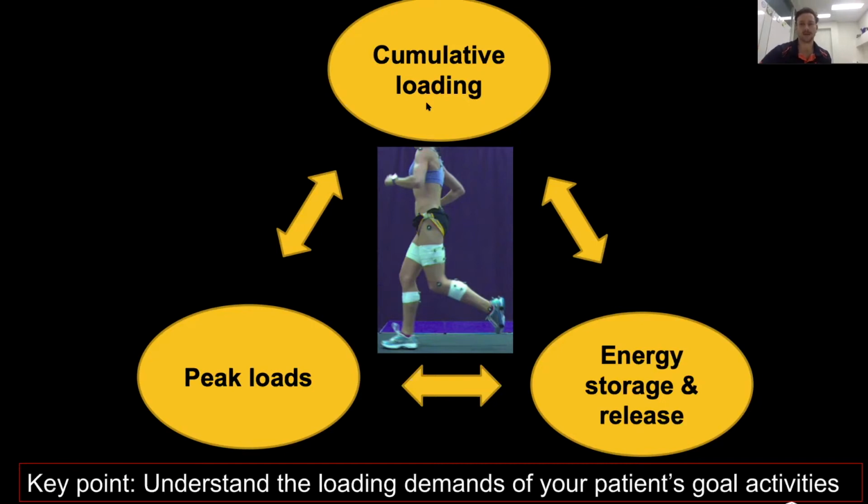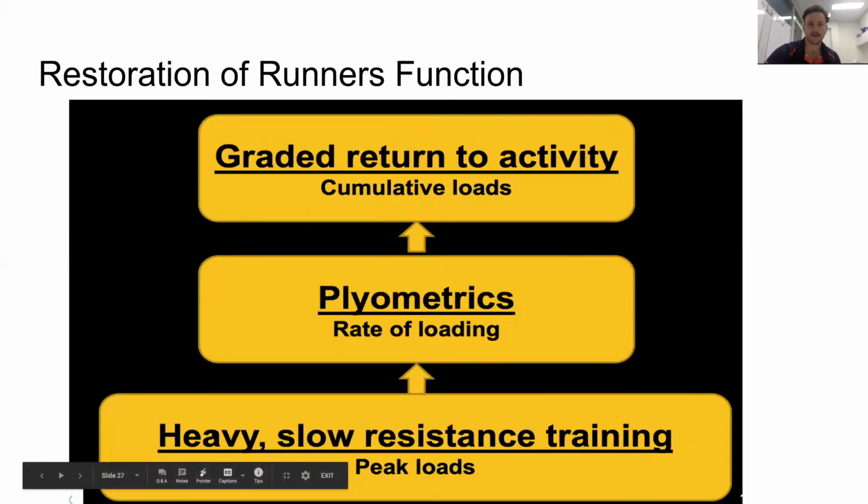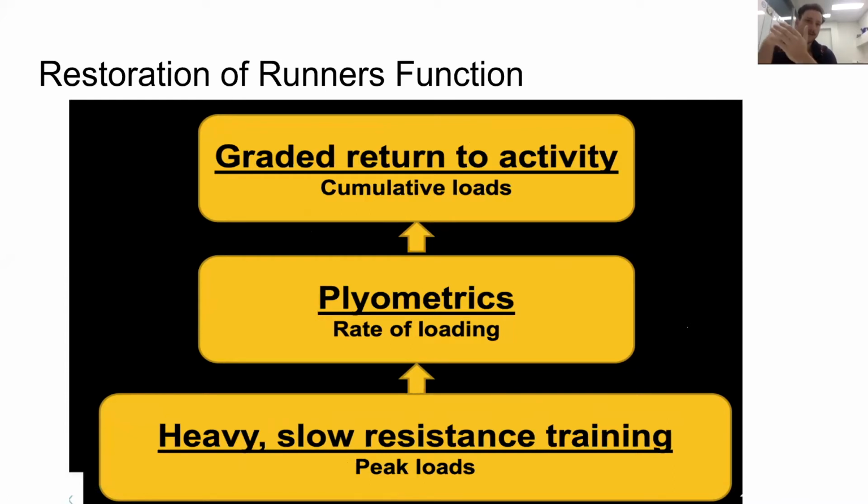So really gradually loading up how long our athlete is running. But the key point is that this is not a one-size-fits-all model. It's understanding what the patient's load demands are. So we start with heavy, slow resistance training for the peak loads, making sure our runner is nice and strong to handle the load that goes through each foot strike.